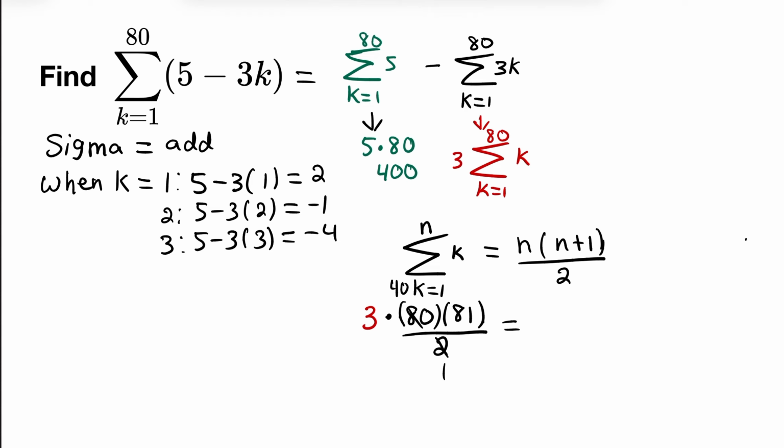Okay, and so we have 3 times 40 times 81. And so let's multiply 40 times 81 first, and that gives us 3,240 multiplied by 3, and that equals 9,720.